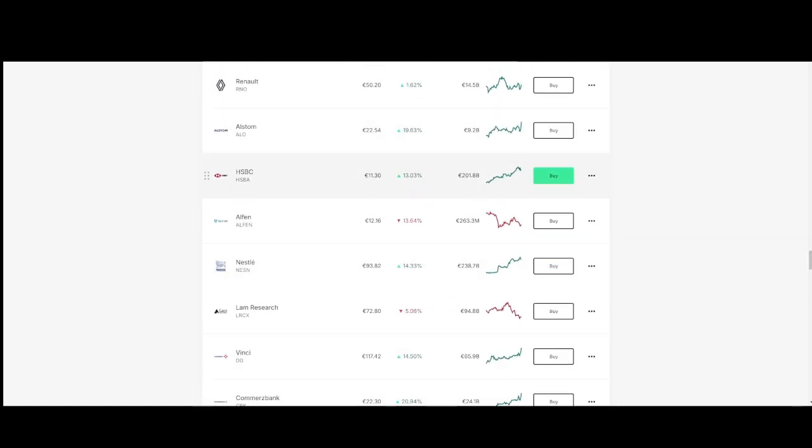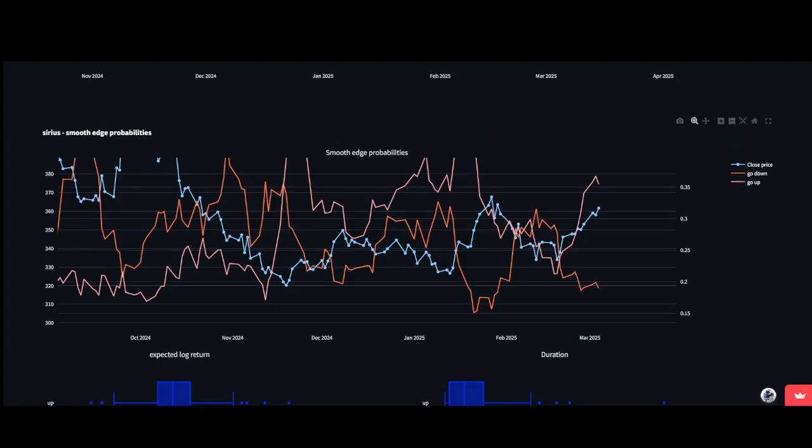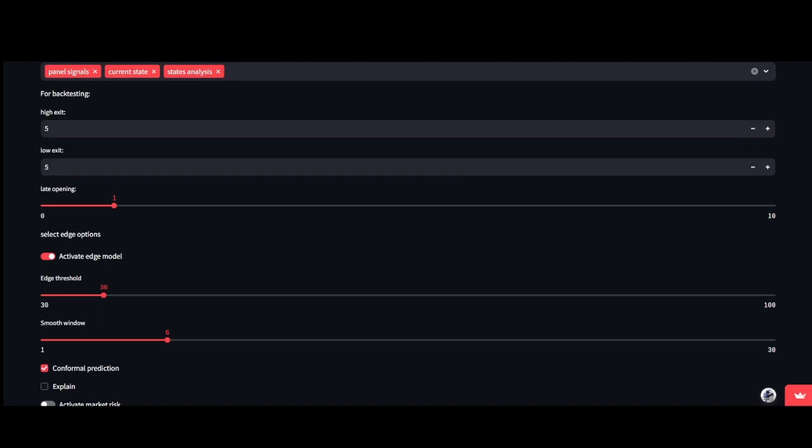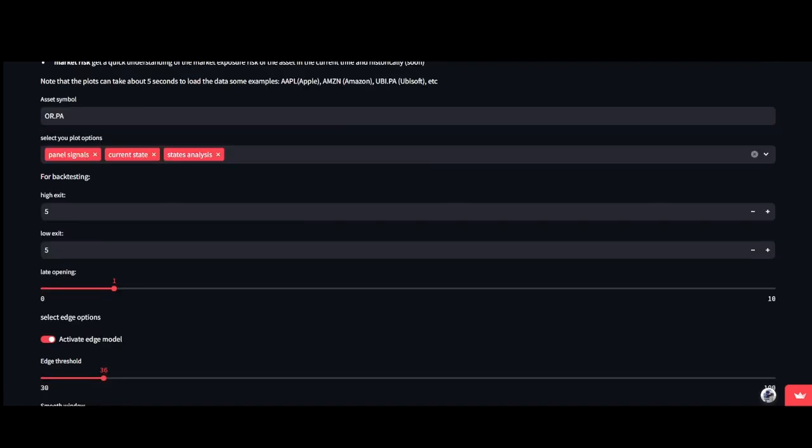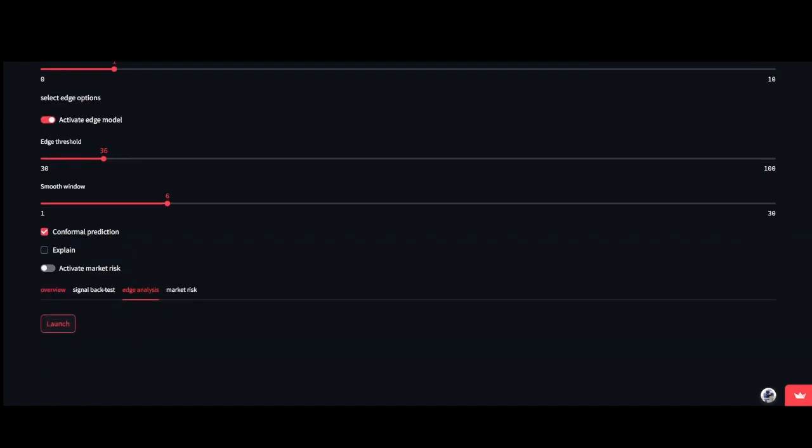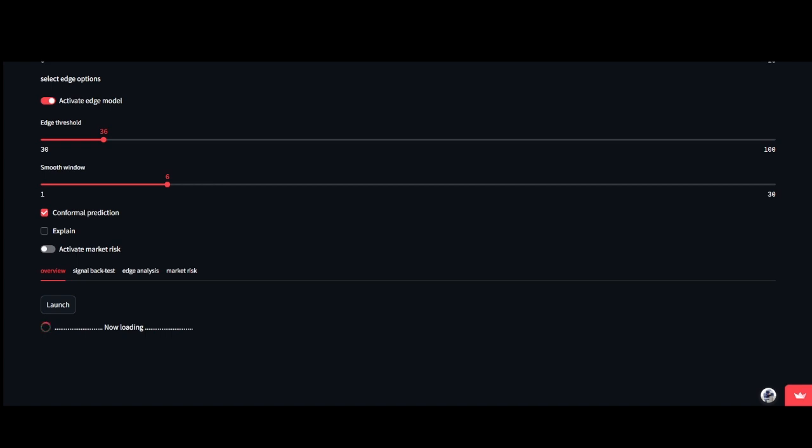Now let's see Alstom. If I'm not wrong, it is Eilopa. He's running.